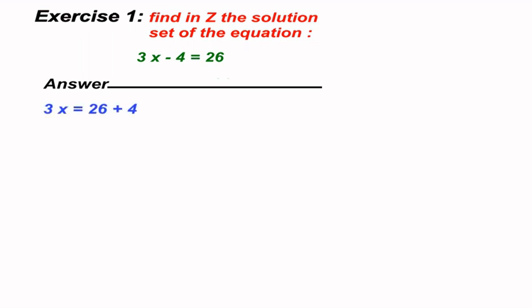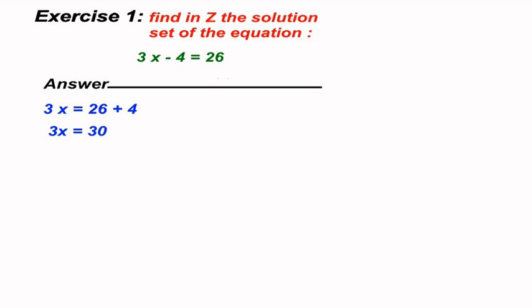Yes, very good. The first step, 3x equals 26 plus 4. You moved negative 4 to the other side by changing it to plus 4. Add 4 to 26, 3x equals 30. The second step is to find x.